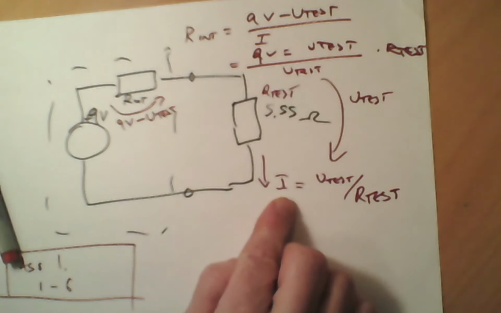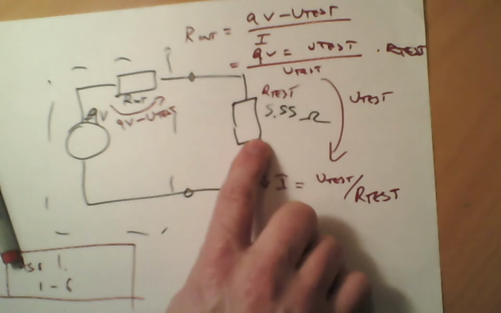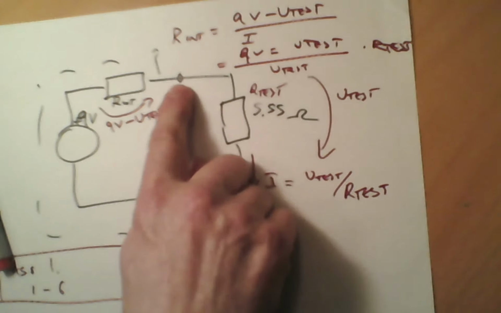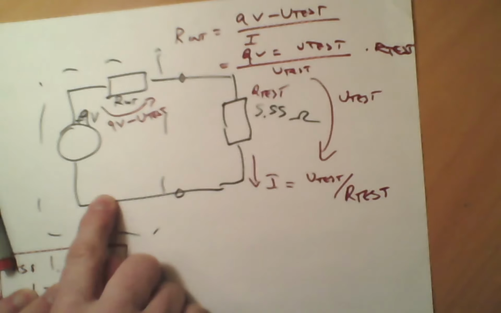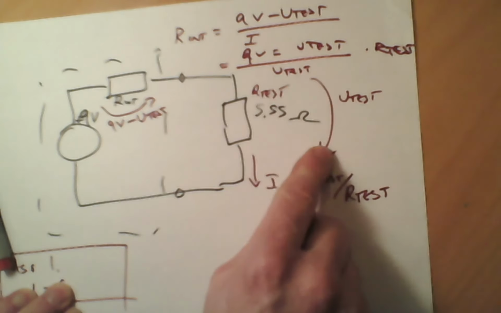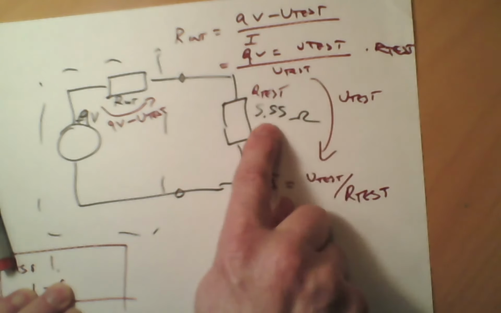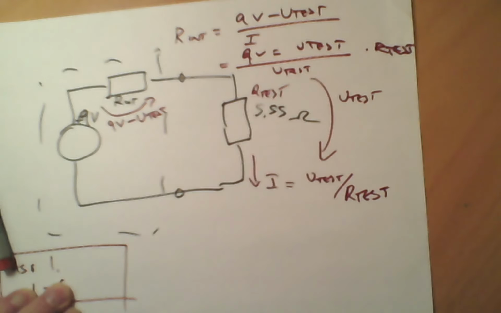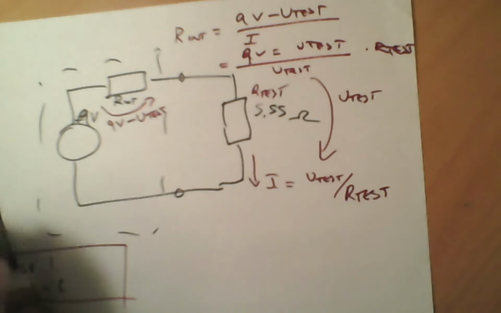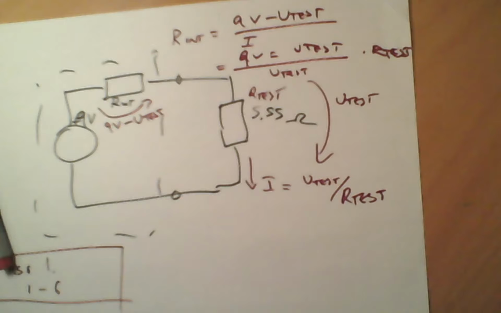The current flowing through this circuit is the voltage divided by the resistance. That's Ohm's law one way.